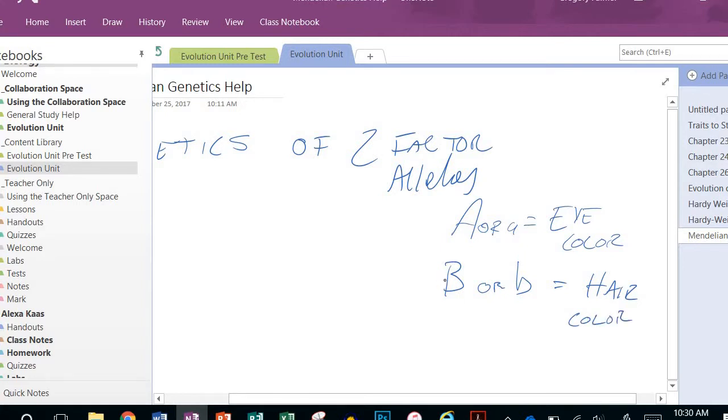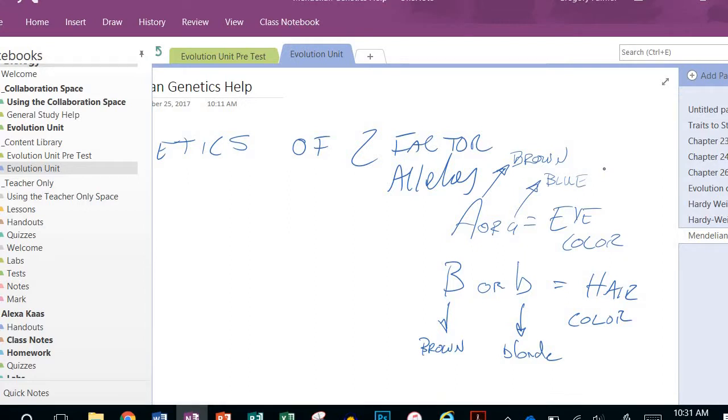Again, large B is dominant, small b is recessive. So in this case, hair color will be brown is dominant, and small b is blonde. And brown is dominant. And we know that this is going to be blonde. I'll write that in small letters. Okay, up here, eye color, dominant is going to be, again, brown eyes of certain shade. And then, obviously, this is going to be blue eyes, because they are recessive.